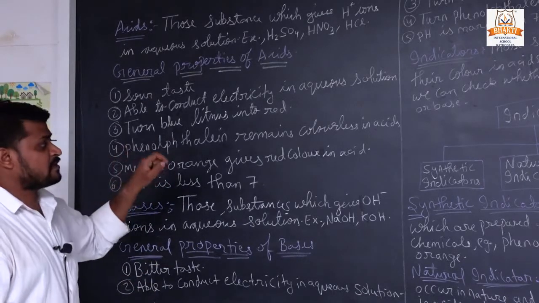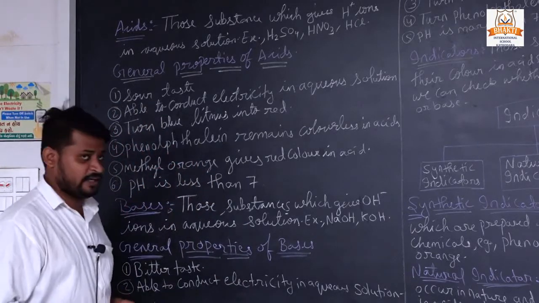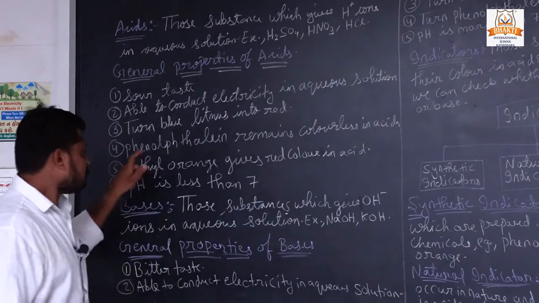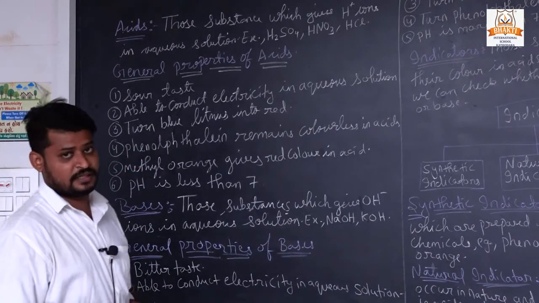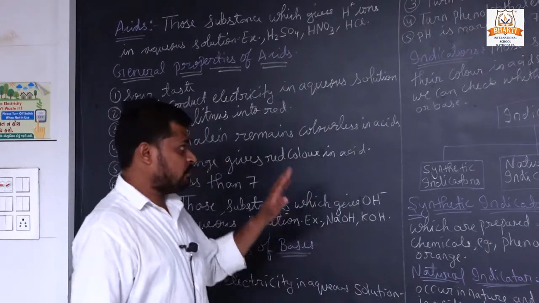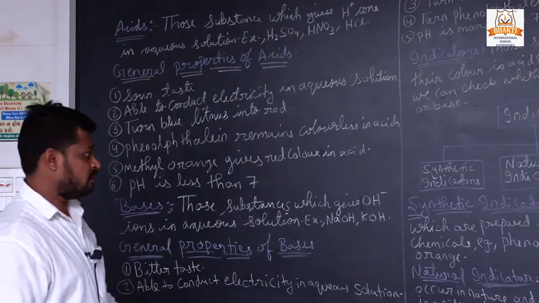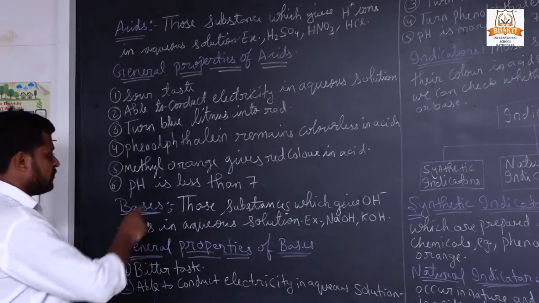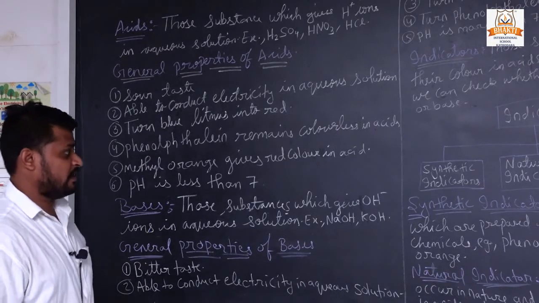Phenolphthalein remains colorless in acid. This is also an indicator. When we put phenolphthalein in an acidic solution, it does not change its color, meaning it stays colorless. Methyl orange gives red color in acid.